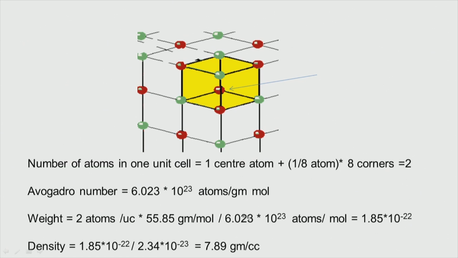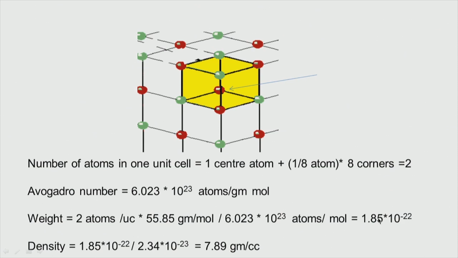Then you have the 6.023 into 10 power 23 atoms per gram mole. So, we need to divide by that. Do you understand? 2 atoms per unit cell multiplied by 55.85 gram, but in 1 gram mole there are 6.023 into 10 power 23 atoms. So, you need to divide by that. So, the weight is 1.85 into 10 power minus 22 gram.